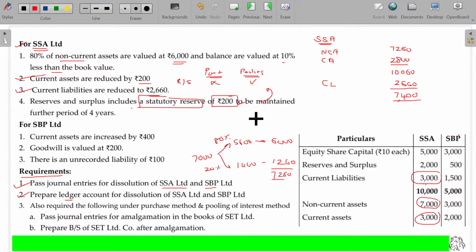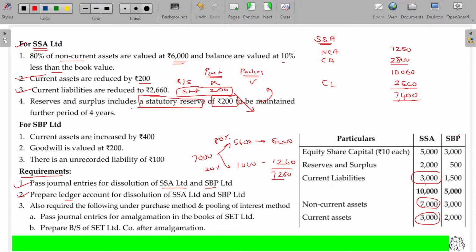But the legal requirement is that you have to show the reserves and surplus at their own statutory valuation. So under purchase method, this 200 will be temporarily shown as a reserve in case of statutory reserve, until the statutory requirement is fulfilled.